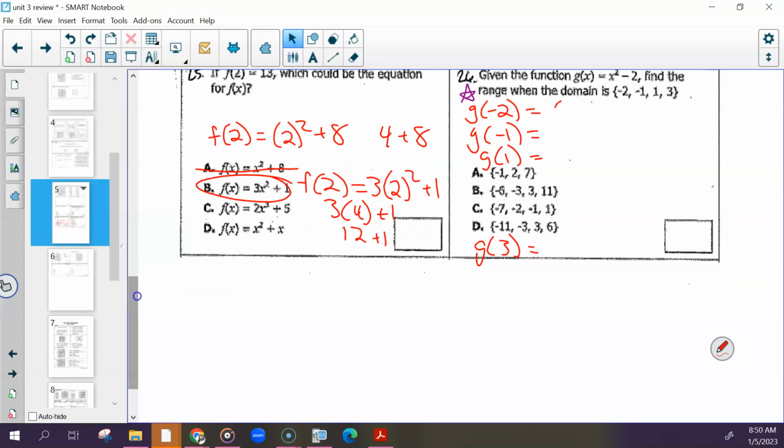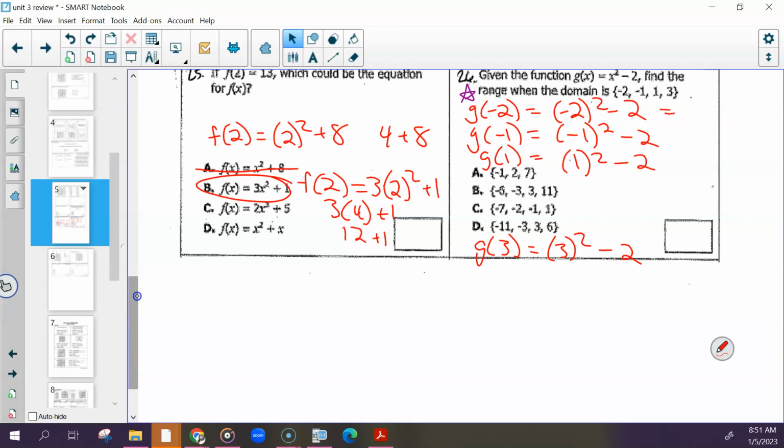So this would be -2 squared minus 2, -1 squared minus 2, 1 squared minus 2, and 3 squared minus 2. So I would need to see the setup of each one. Then whether you simplify it in the calculator or not is up to you.